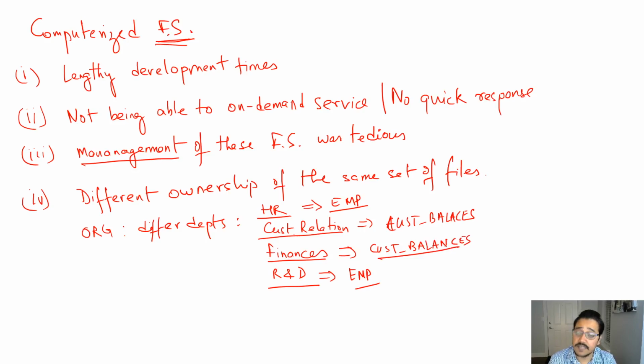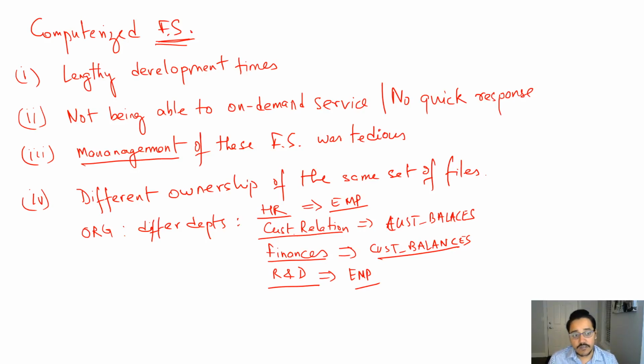They have the same file, but the objective of the processing performed on these files is essentially different, right? And that is the reason why they write their own procedures in order to maintain and manage these kinds of files. So the issue now is that there was no synchronization between these different departments, or even if there was, it was not instant.